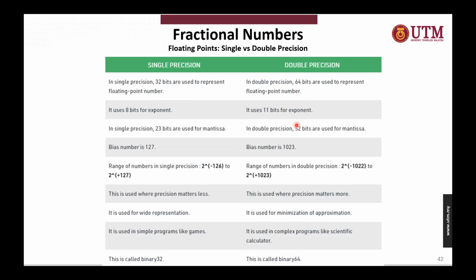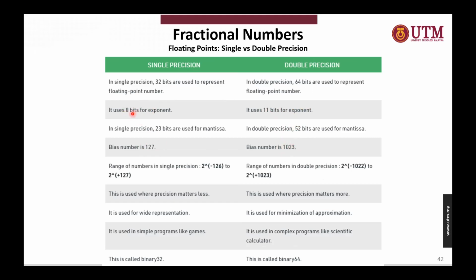Regarding the bias number, in order to get the exponent we need to add the bias number. The bias number for the single precision is 127. Meanwhile, for the double precision, the bias is 1023. This 1023 depends on how many bits your exponent has. Since there are 11 bits for the exponent, the bias must be 1023.